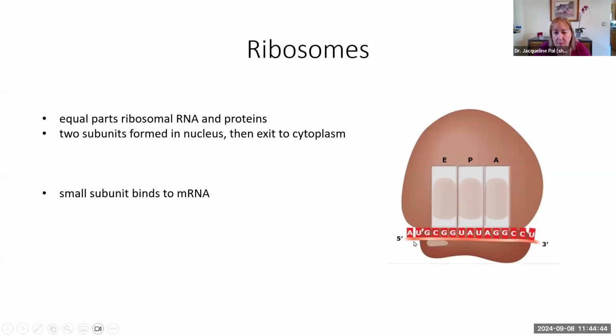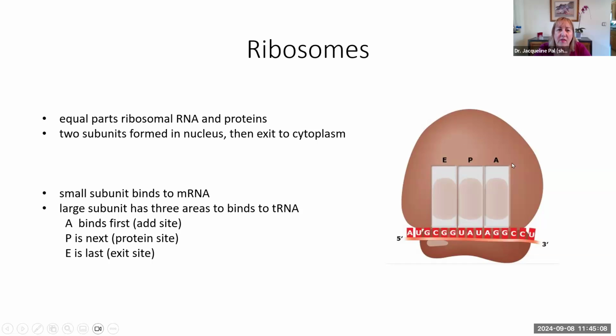But remember, messenger RNA is read, and all nucleic acids are read, from the 5' to the 3'. So it's actually moving in this direction. So we're moving from the A site to the P site and then to the E site. So we're not reading this direction, we're reading that direction. The A site binds first. A stands for the add site.